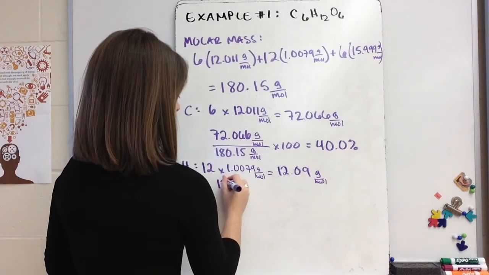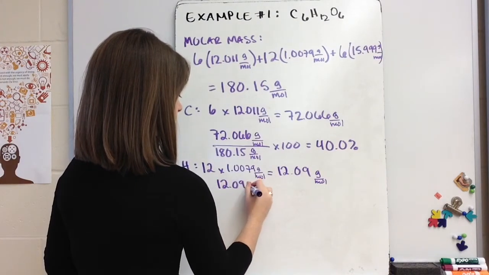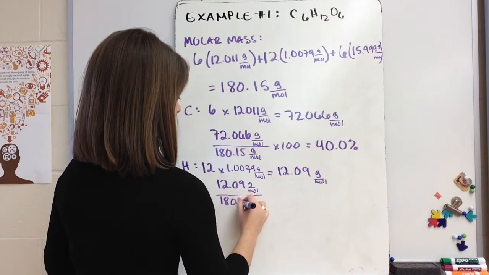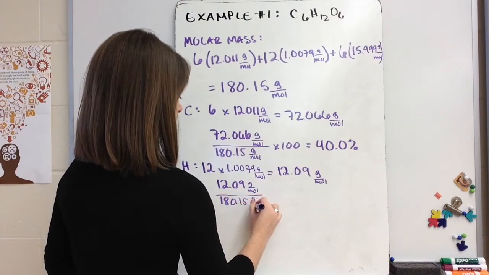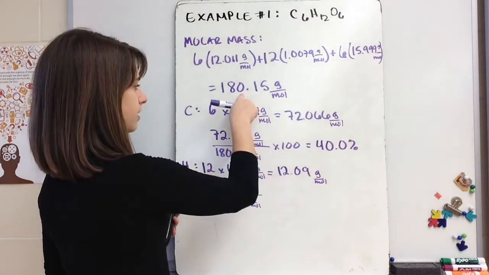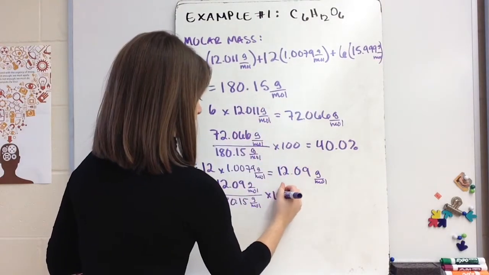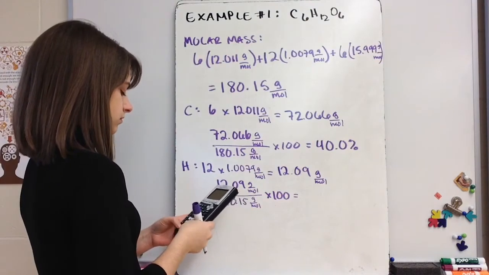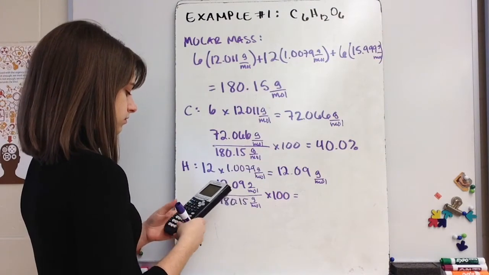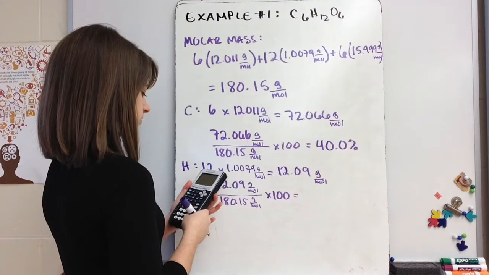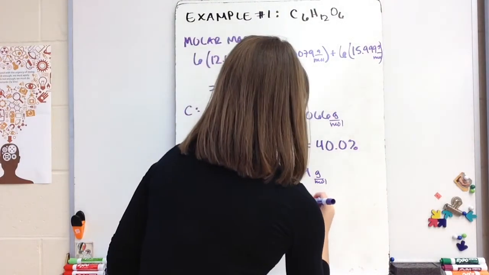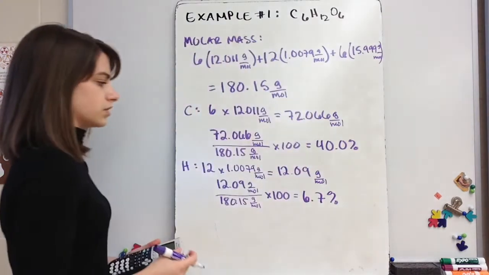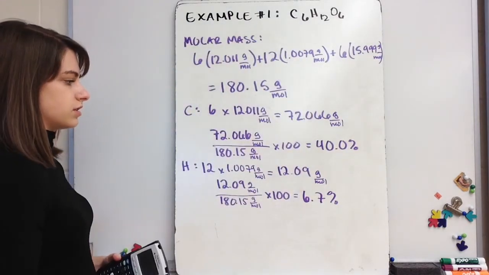If I do 12.09 divided by 180.15, so that's my part divided by my whole, and then times 100, that gets me 6.7%. So 6.7% of the mass is due to hydrogen.